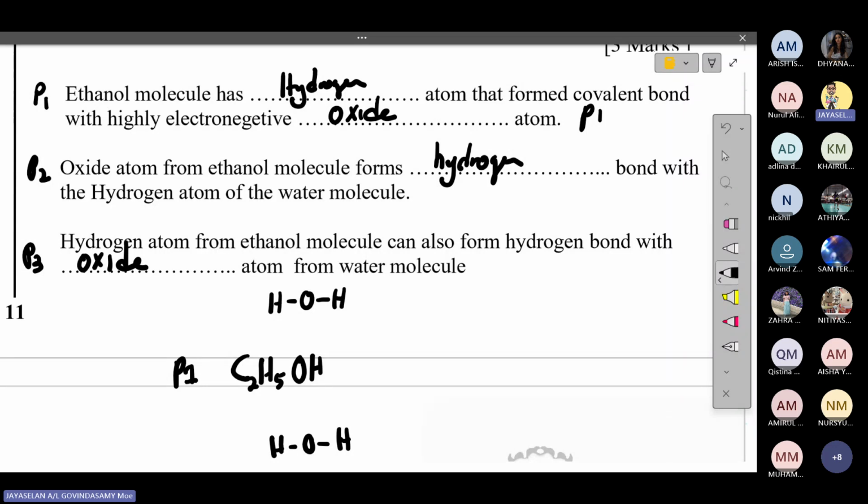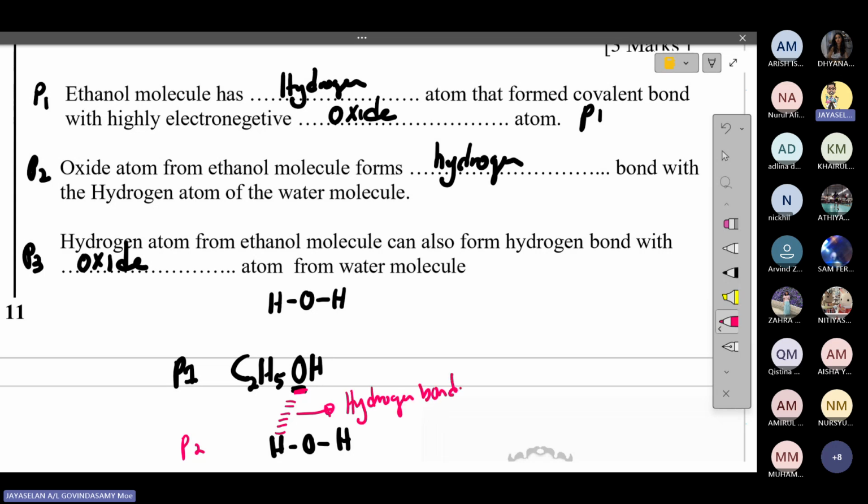Ethanol molecule contains a hydrogen atom that is bonded with the highly electronegative oxygen atom. You already score point one. Understand? Point number two, the ethanol molecule will form hydrogen bonding. Or you can say the oxygen atom of the ethanol molecule will form hydrogen bonding with the hydrogen atom of the water molecule.